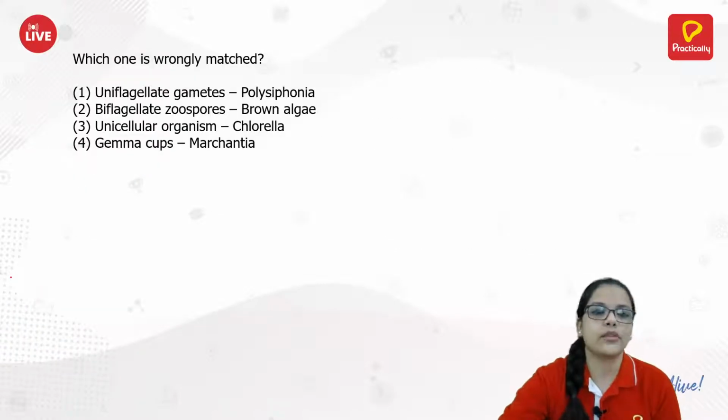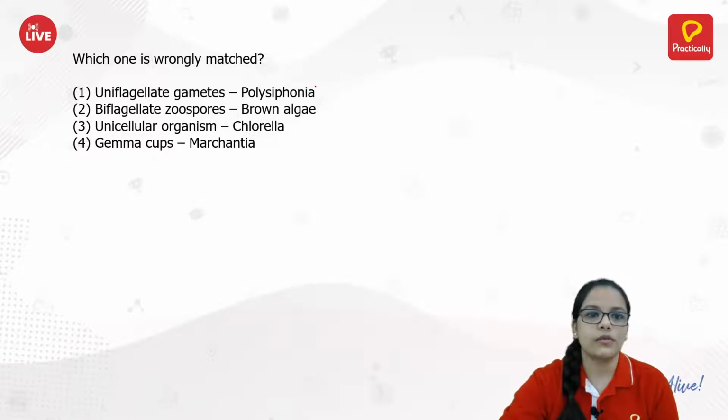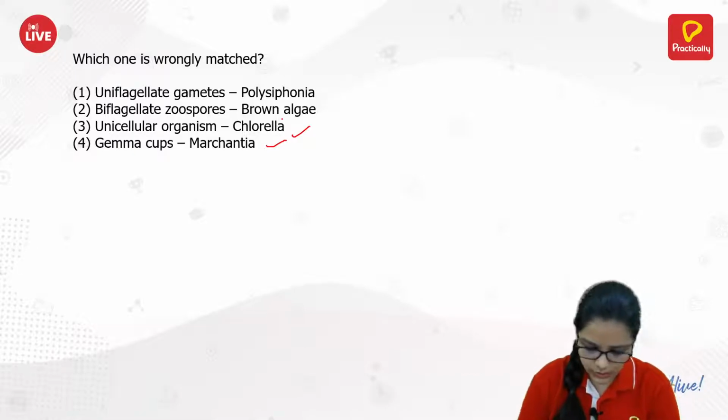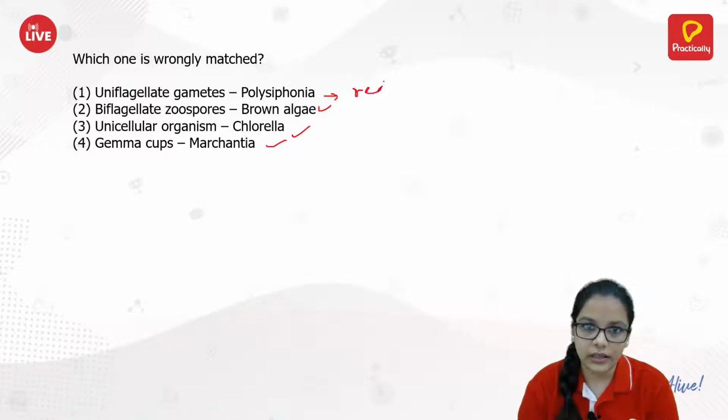Which one is wrongly matched? Uniflagellate, Polysiphonia, biflagellate, brown algae, unicellular Chlorella, Marchantia, gemma cups, this and all is right. The thing is uniflagellate. Polysiphonia is a type of red algae, which reproduces through spores.